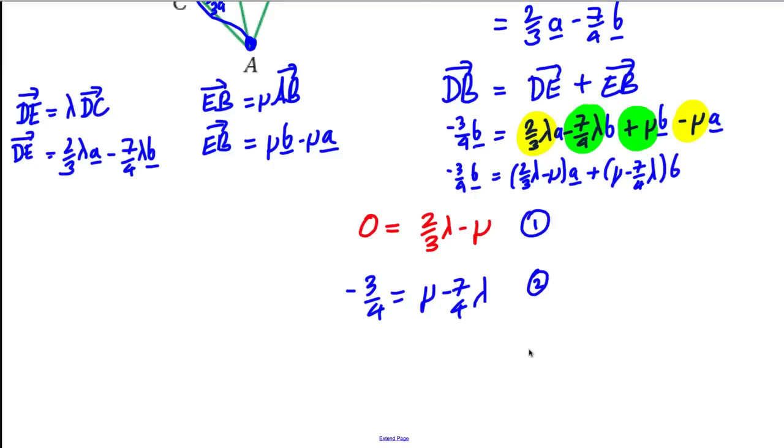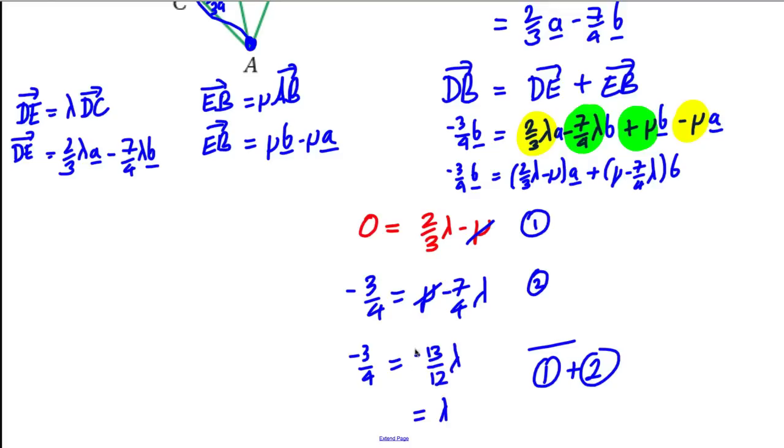If we were clever and decided to add equations 1 and 2, here and here would add to negative 3/4. The mu's would cancel and I'd get 2/3 minus 7/4 lambda. So 2/3 minus 7/4, if I type that in my calculator, I get negative 13 over 12 lambdas.